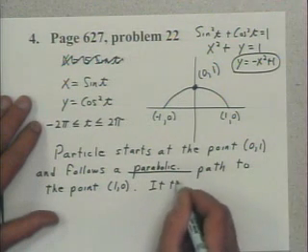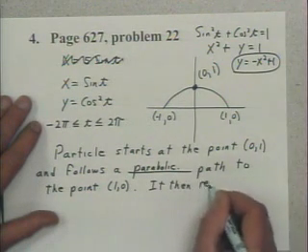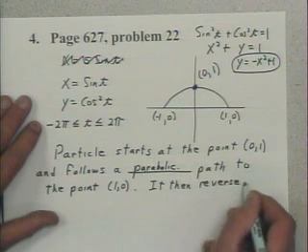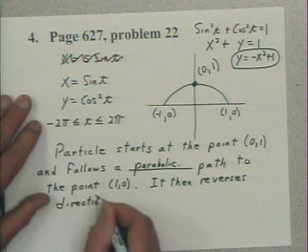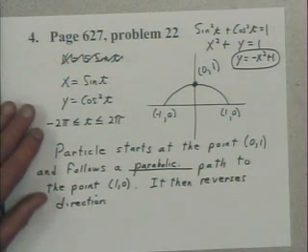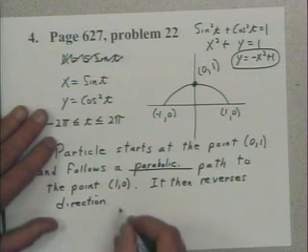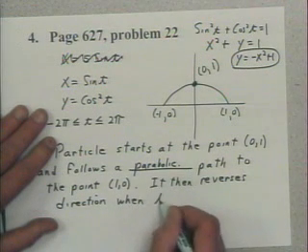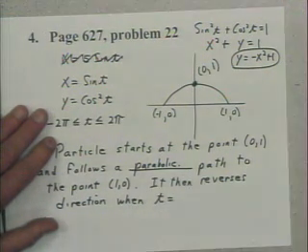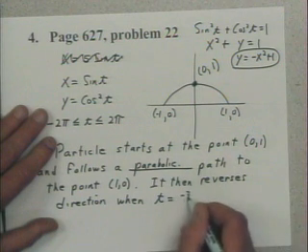It then reverses direction. And if you really want to be elaborate, you don't have to say this part, but if you really want a great description, when t is what value? Minus 3 pi over 2.